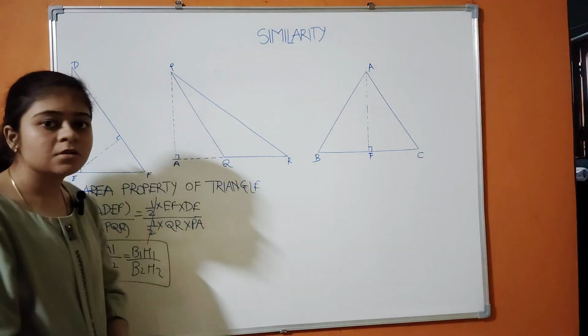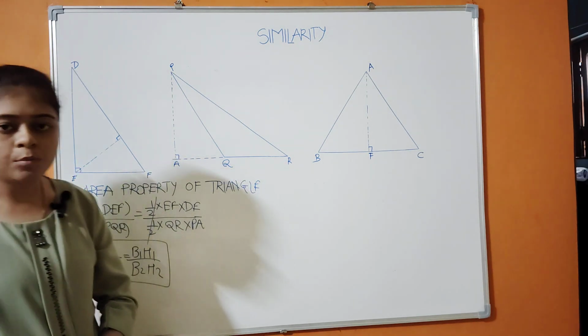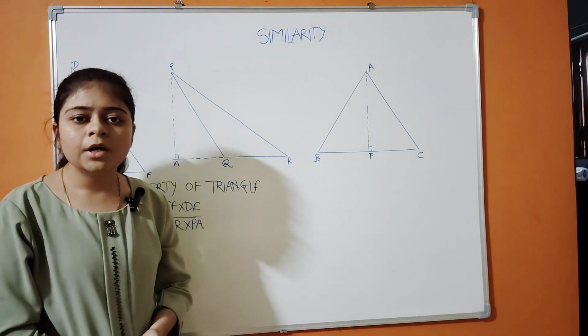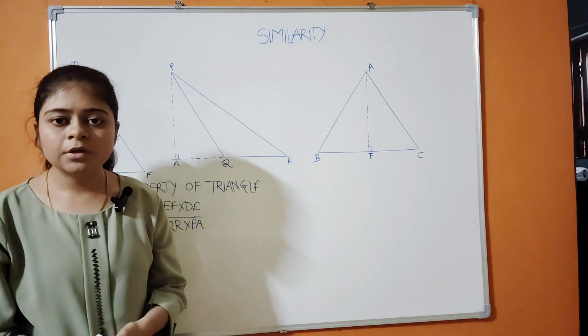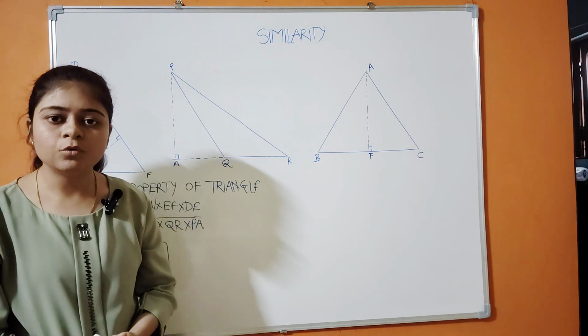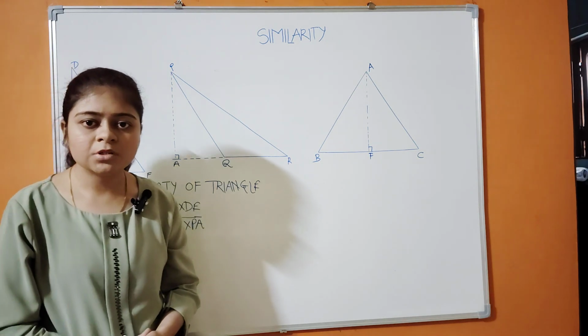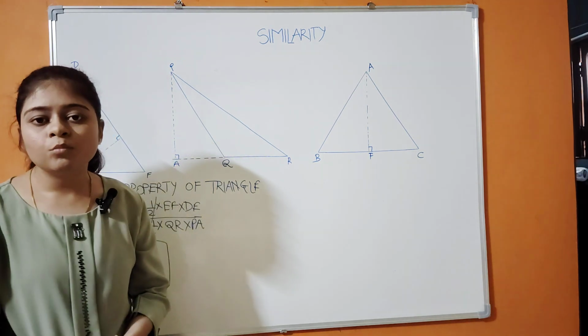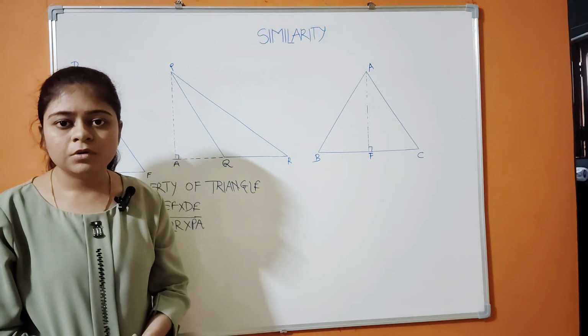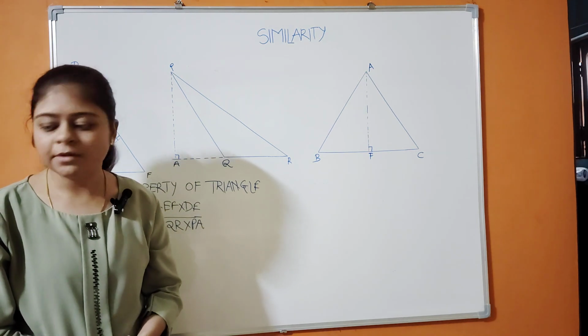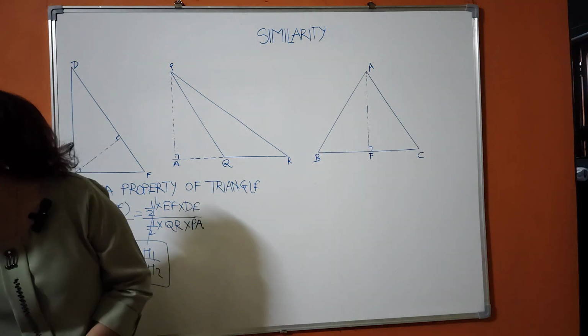Now let's see the sub-properties of this area property of triangle. What would happen if B1 is equal to B2? Suppose B1 and B2 are 4 centimeter and 4 centimeter. Then what would happen? Both would get cut and what are we left with? We are left with corresponding heights. Let's see it.